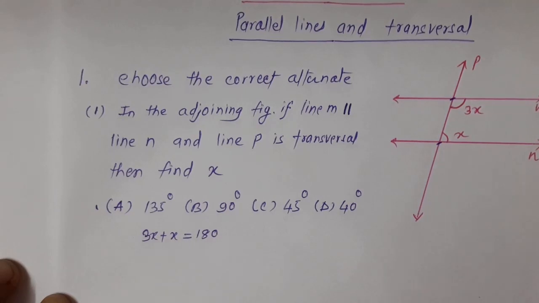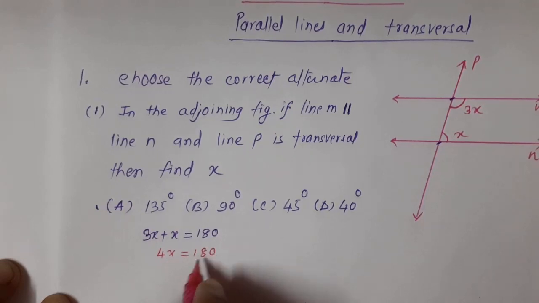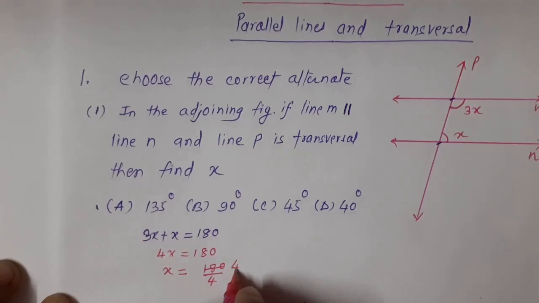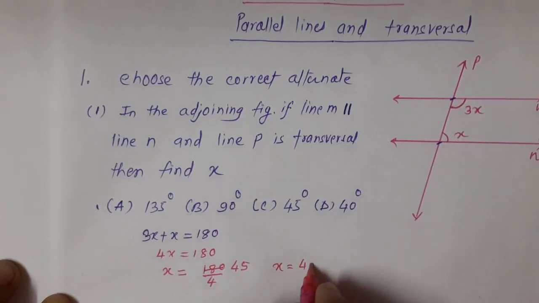So 4x is equal to 180. So what will be the value of x? x is equal to 180 divided by 4. That comes out to be 45, since 4 4s are 16 and 4 5s are 20. That is why x is equal to 45 degree.